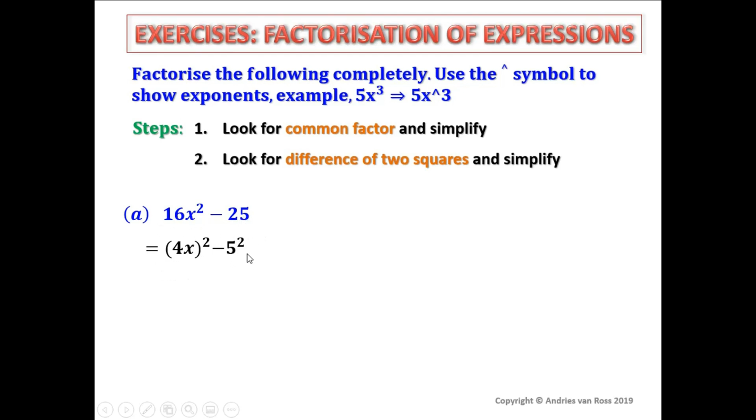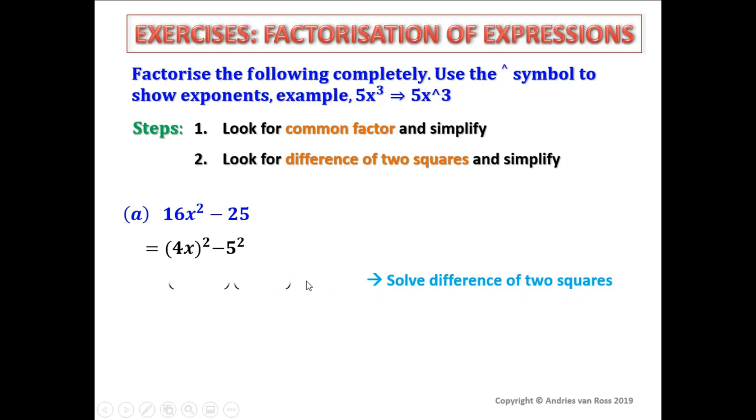Now we see we've got two squares and a minus in between. In other words, we've got a difference of two squares. And we know now we can factorize the difference of two squares.